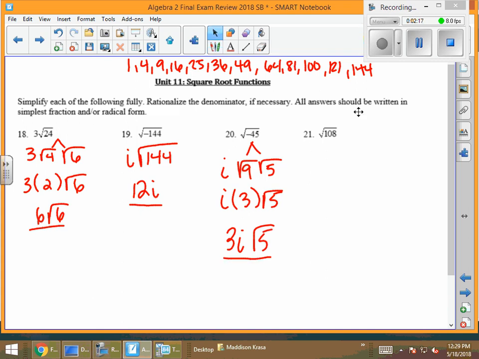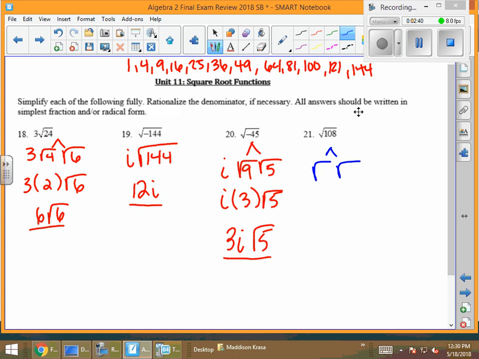For 21, we want to find the perfect square that goes into 108. This one might take a little bit of work, thinking through which ones go into 108. We could do 16, 4, 16. Those look pretty good.